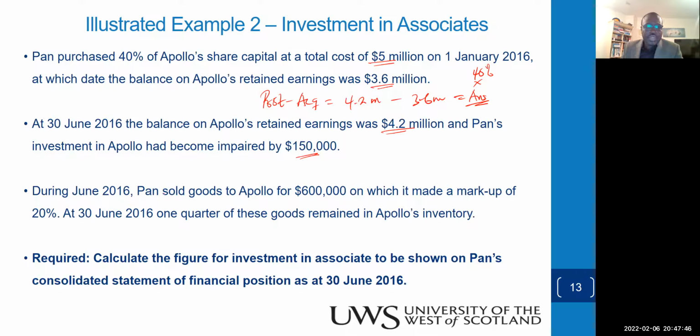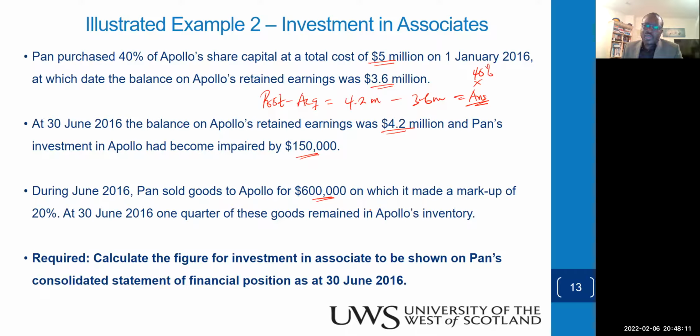During June 2016, the mid-year, Pan sold goods worth 600 to Apollo, the associate, on which it made a markup of 20%. At 30th June 2016, 1/4 of this still remains.